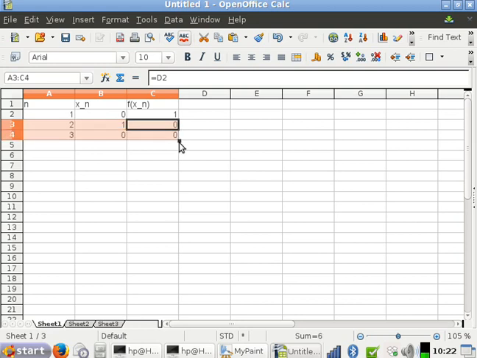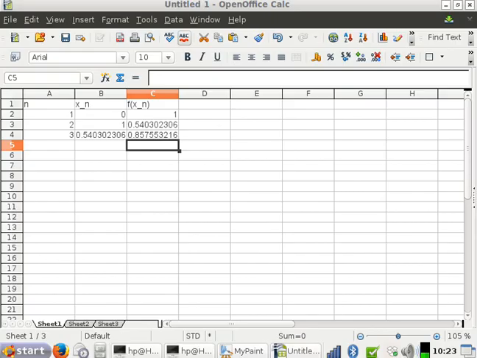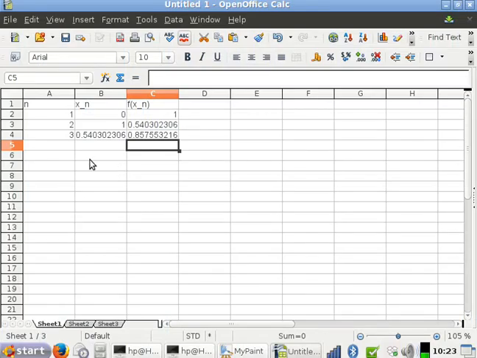Is this in radian mode? Oh, there we go. Was the next number here 0.857? Yeah. Okay, great. So I'll just use Excel here to do it a few times.